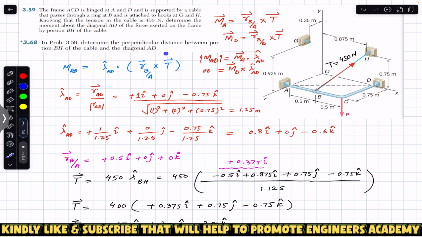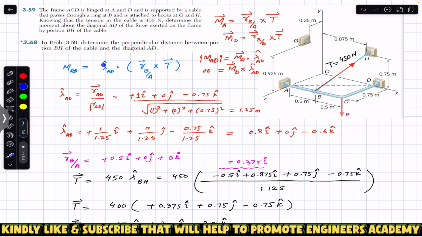So this is the scalar triple product. You can see that this is R of B relative to A cross T, which is equal to MA. So this is that MA, and then taking the dot product with AD. This is the same method, but it is known as the scalar triple product.